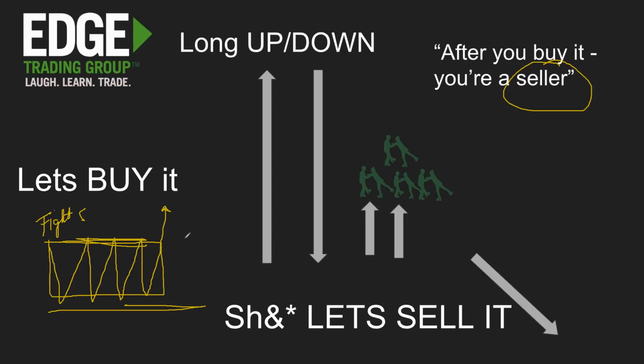And you also get shorts inside this box that get stopped out, or at least some of them do. What happens when you stop out shorts? They are no longer buyers below the market. So you've created the dynamic, or the equation, of more sellers and fewer buyers.